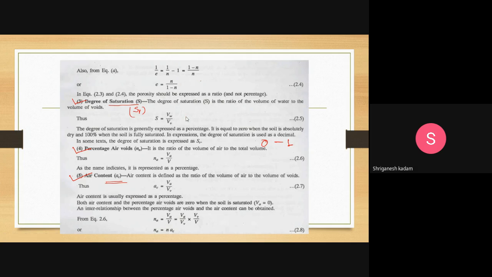Now here, what is volume of air upon volume of void? Sorry, volume of void upon total volume. It is nothing but the porosity. So in the earlier lecture we have studied what is porosity.